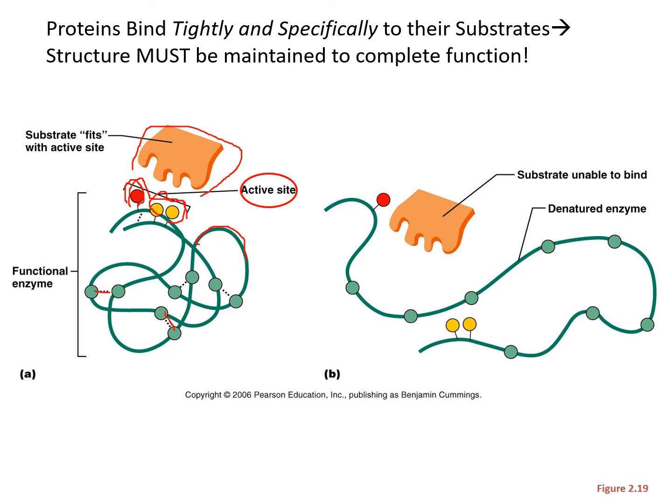If the protein is denatured, right? So if it is unraveled by temperature or pH or whatever, what then is going to happen is that without those hydrogen bonds, this amino acid is now very far away from this amino acid, and so the active site, which again specifically and tightly binds to the substrate, is no longer going to be able to do that. So now we have an unfunctional enzyme.